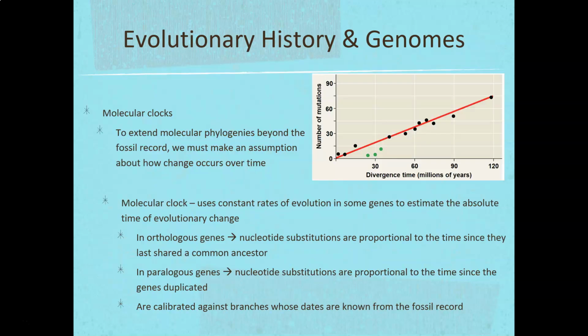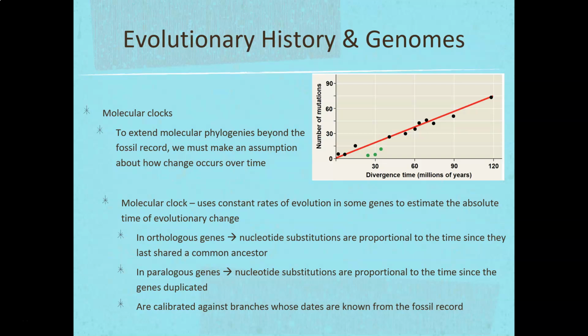So scientists have looked at this idea of molecular clocks. Can we look at changes in the genome as a way to trace back actual time? So yes and no. We have to make some assumptions here about how often genes change over time. We think that there's some consistency in the rate that those genes mutate, and so we can use this to a certain degree.